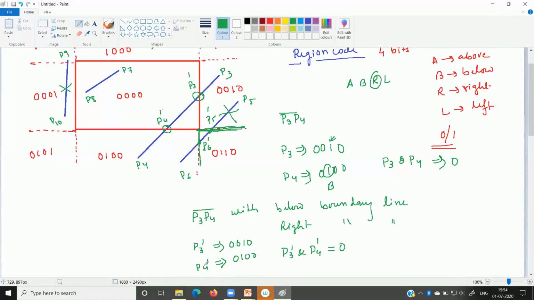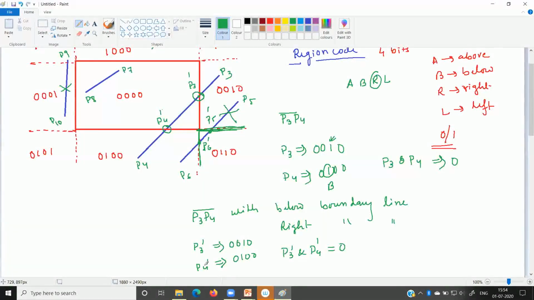After finding the intersection point, you can see that P3 dash is on the boundary of the clip window, and P4 dash is also on the boundary. On the boundary of the clip window means this point is inside the clip window.